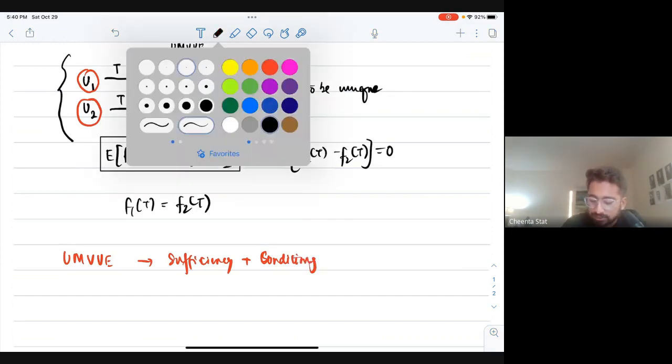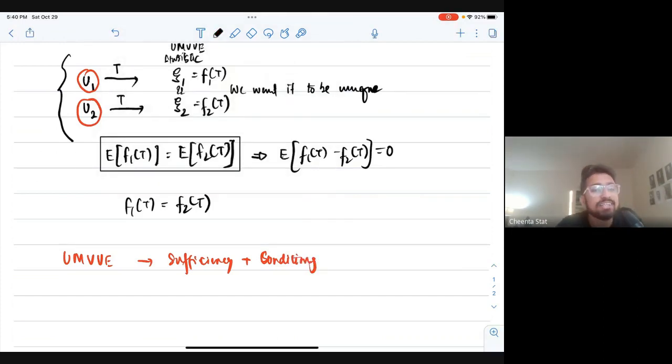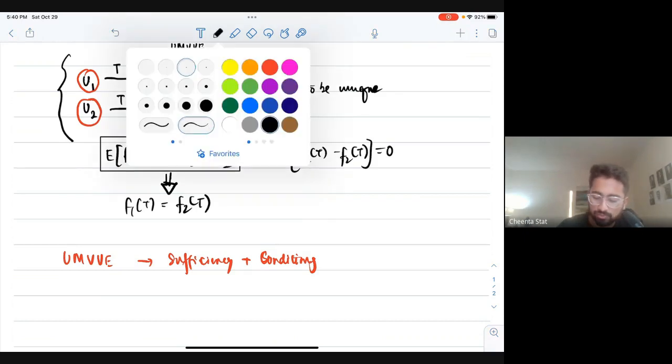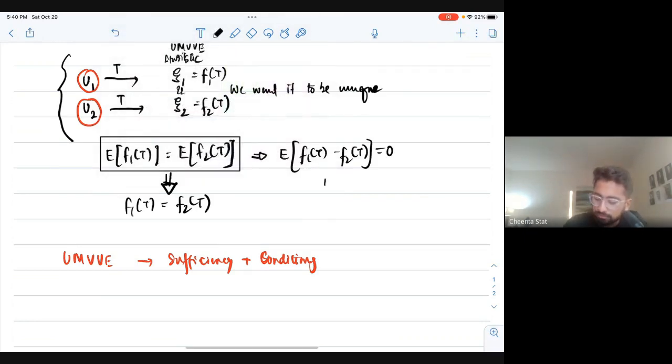But to maintain uniqueness, we just need the fact that they're unbiased. So if the expectation of f1(T) equals the expectation of f2(T), then it will imply that they must be the same, that the estimators are the same. This implies f1(T) minus f2(T) is equal to 0.